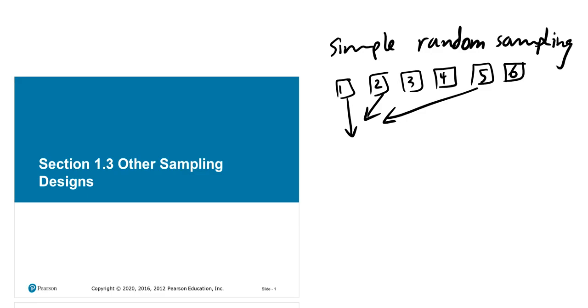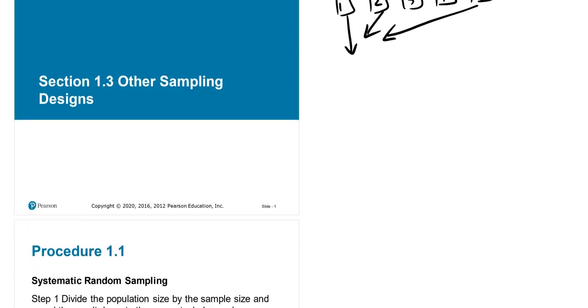Another way for sampling is called systematic sampling. So the systematic random sampling has a procedure. The procedure is that you take the population size, usually we use capital N for that, and divide it by the sample size, small n.